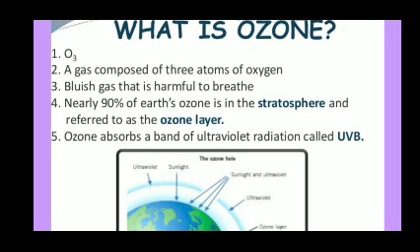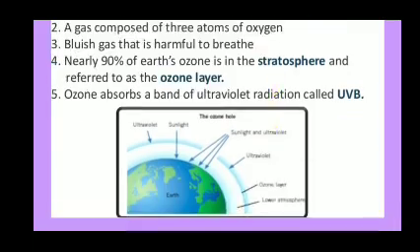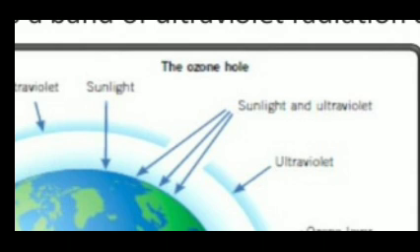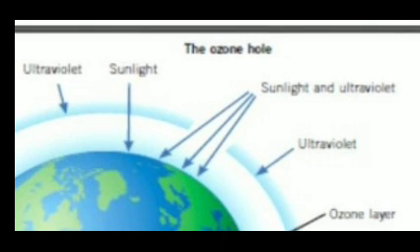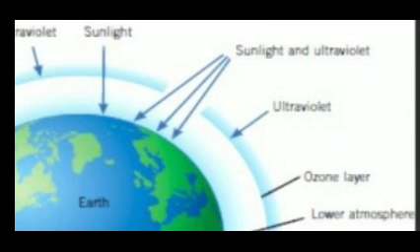So these ultraviolet radiations are absorbed by the ozone at the stratosphere. When ozone is depleted, UV rays fall directly on the Earth's surface.